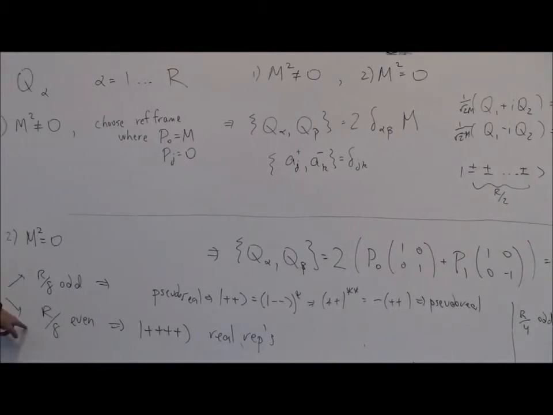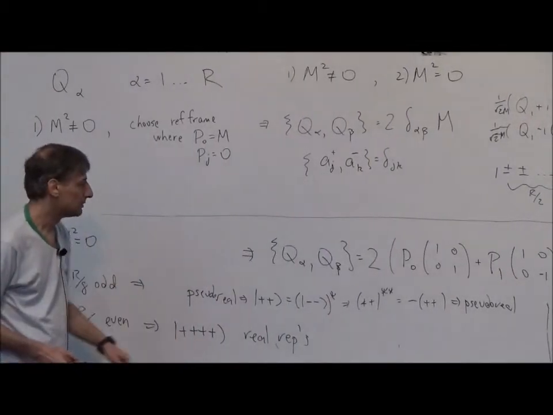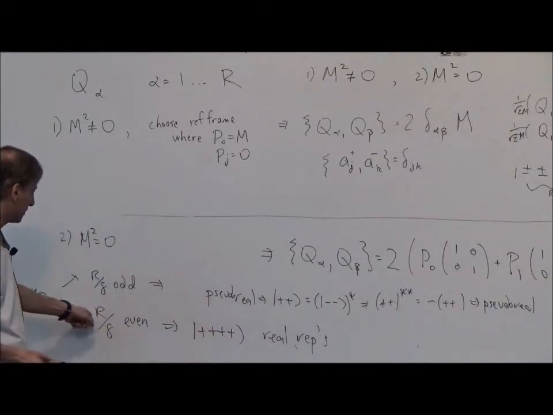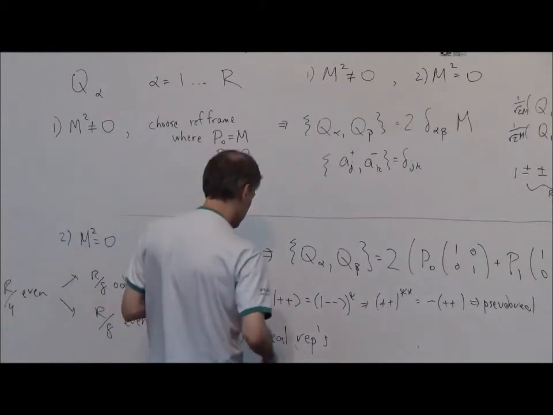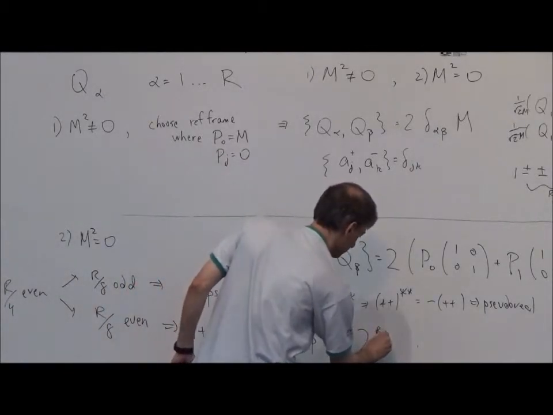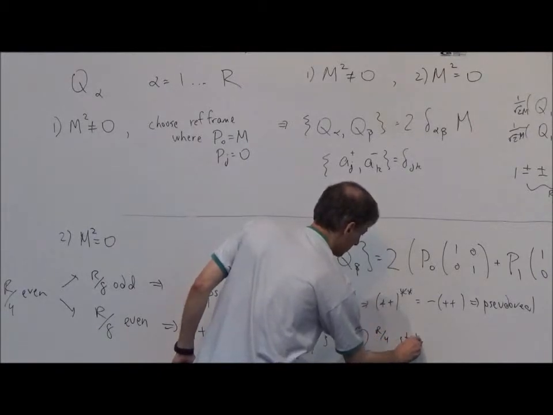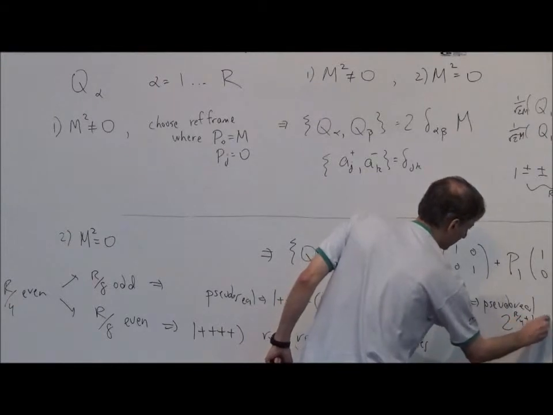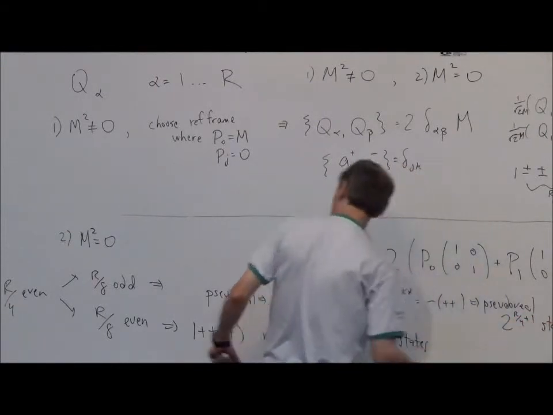If R over 8 is even, it's real. So in this case, where you have, for example, 16 supersymmetries, you have precisely 2 to the R over 4, whereas here you have 2 to the R over 4 plus 1. So you always get this doubling, except if R over 8 is even.